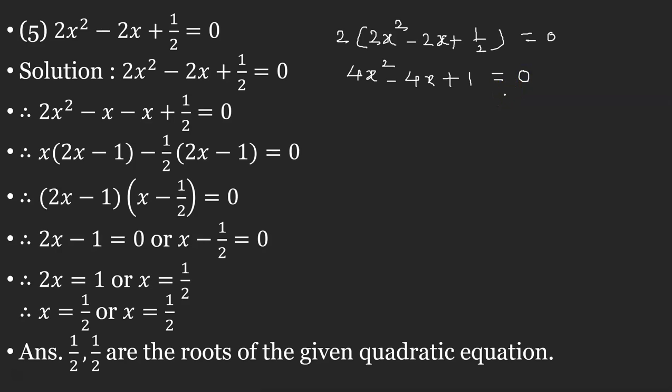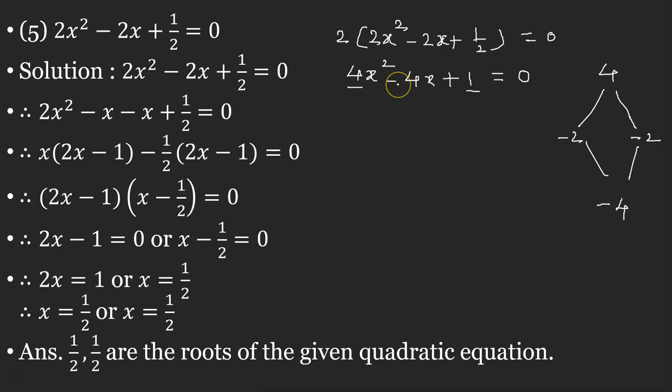Again, find the two numbers. That is the product of this first term and the last term. 4 into 1 is 4. What are the two numbers whose product is 4 and their sum is minus 4? The numbers are minus 2 and minus 2.